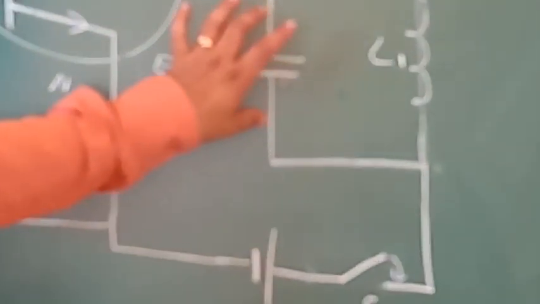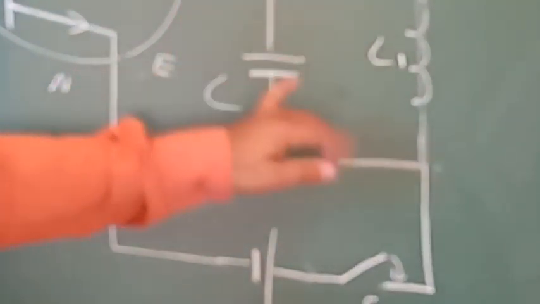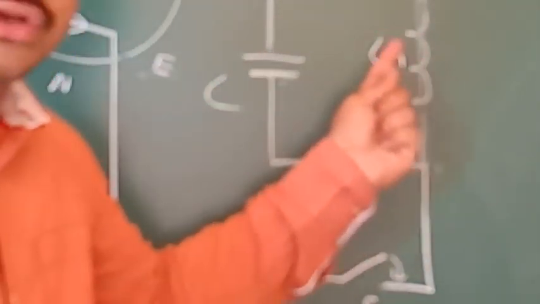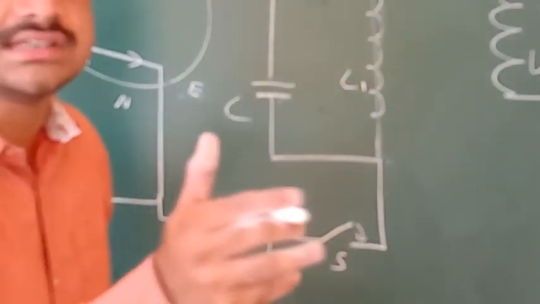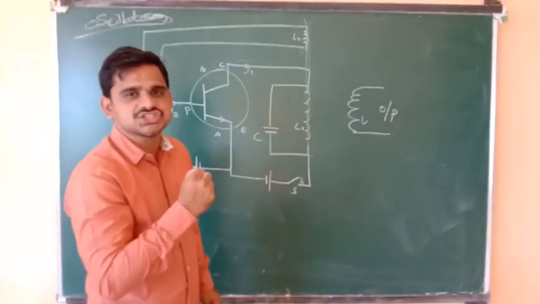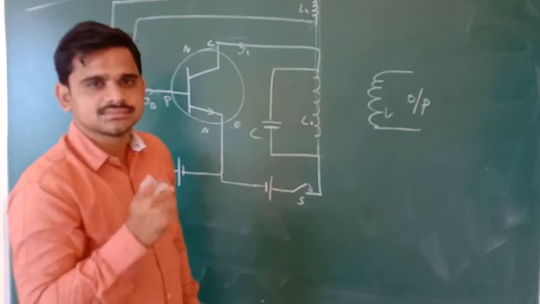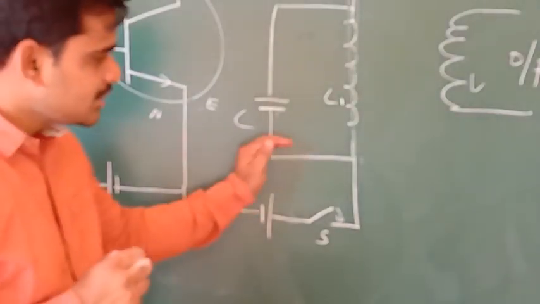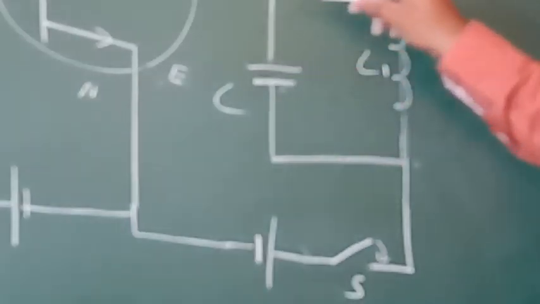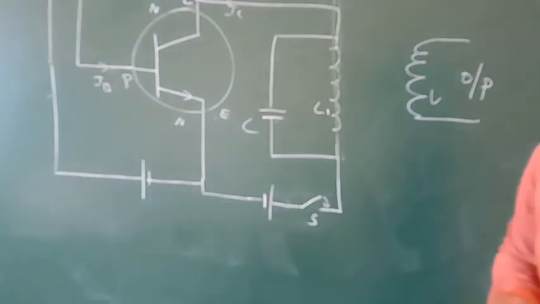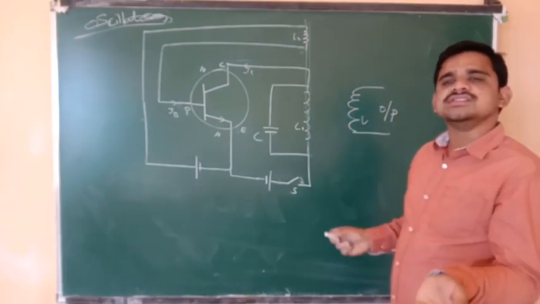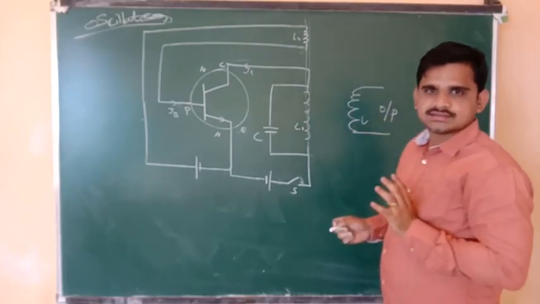The capacitor starts charging, and the current in the coil is increasing, which means an EMF will be induced, because the flux is changing. Listen carefully. When the switch is closed, the capacitor gets charged and the inductor current is increasing, so an EMF will be induced there.